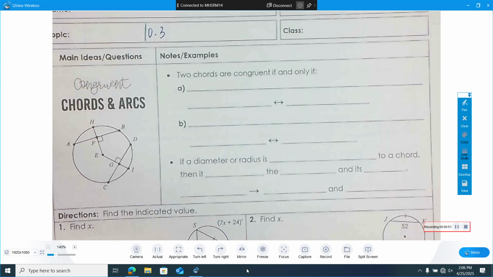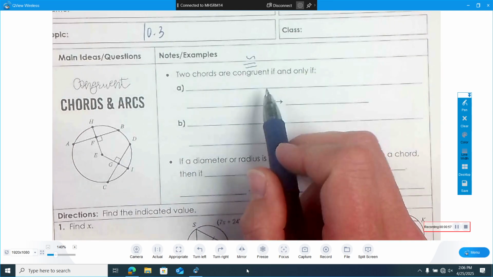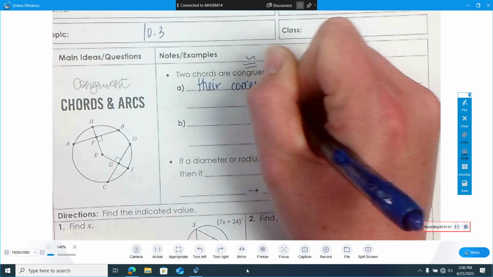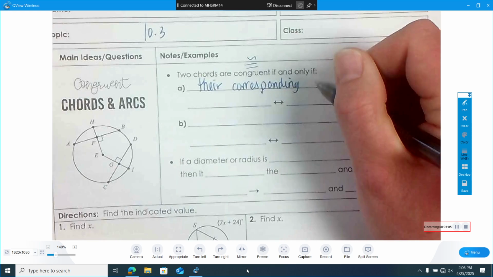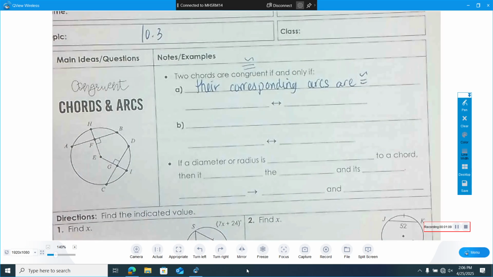So, congruent chords and arcs. Sounds just like it says. Two chords are congruent if and only if their corresponding arcs are congruent. So I'm going to highlight a couple of chords here.